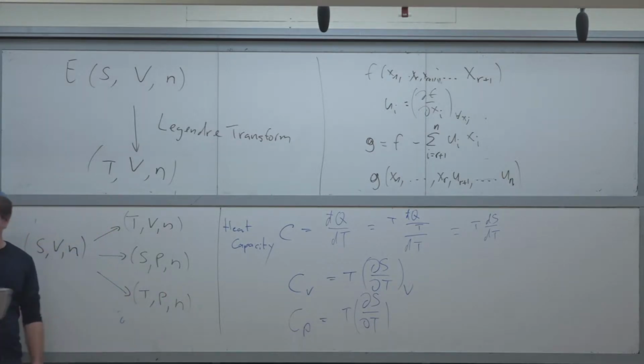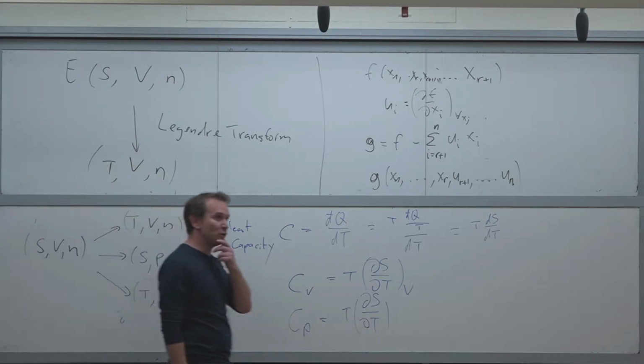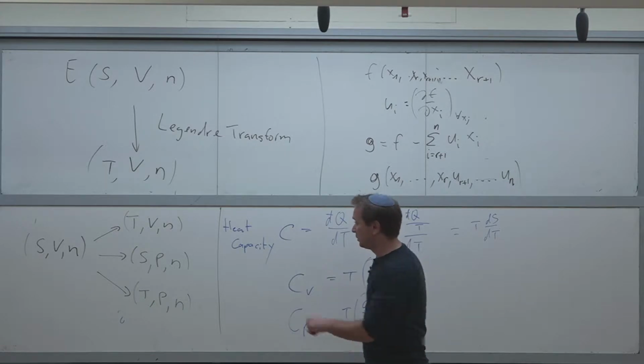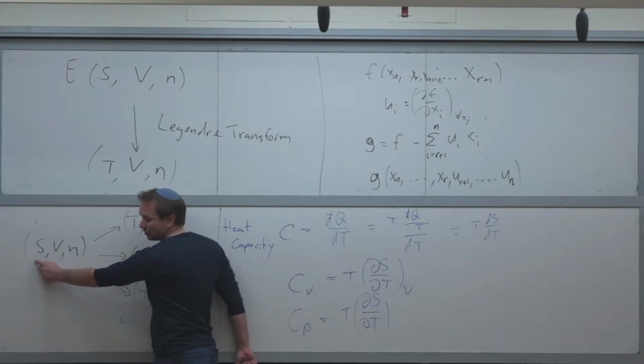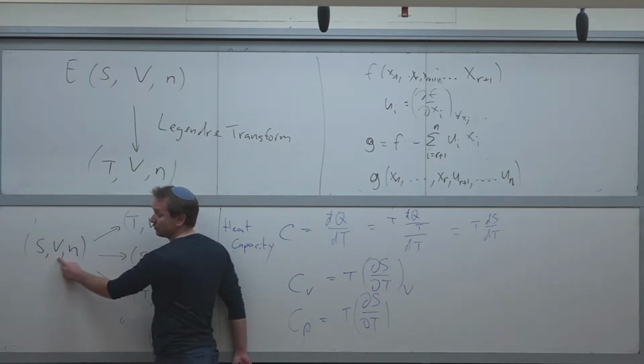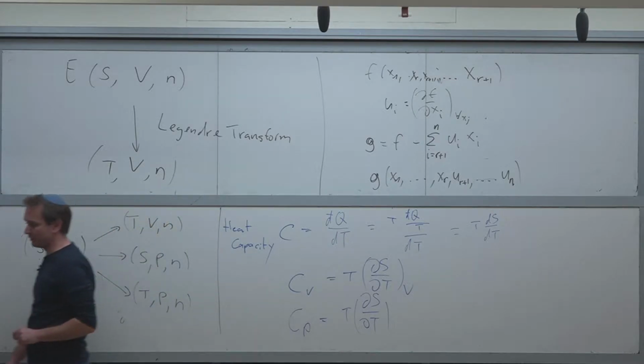For example, if I would like to transform from S, V, and N to S, P, and N... sorry, to P, V, and N, by using a Legendre transform, I cannot. Why? Because P and V are conjugate variables. They are related to each other. P is the derivative of E with respect to V. And I cannot change S by a conjugate variable of V. This cannot happen.